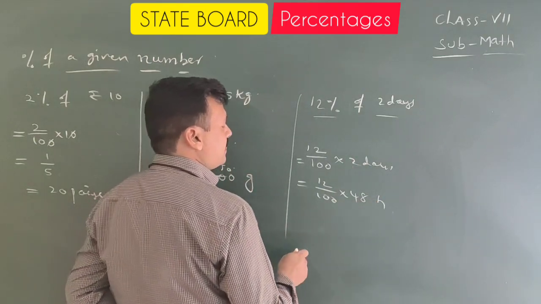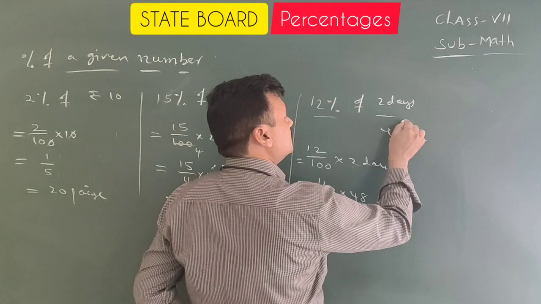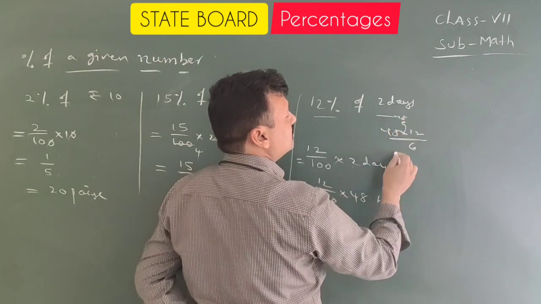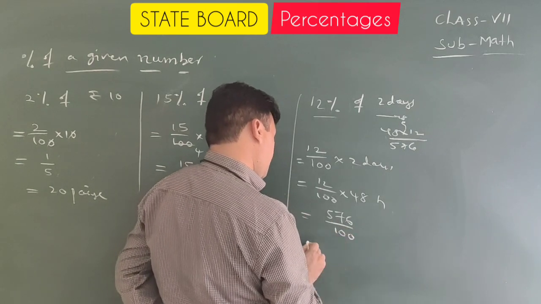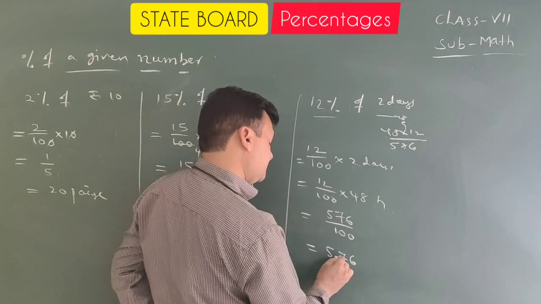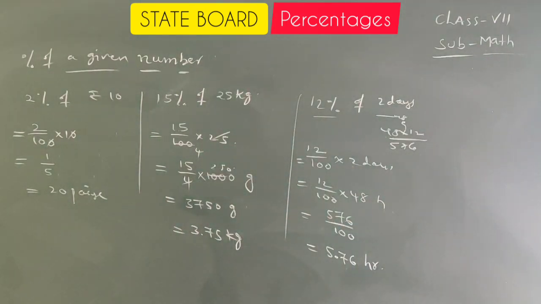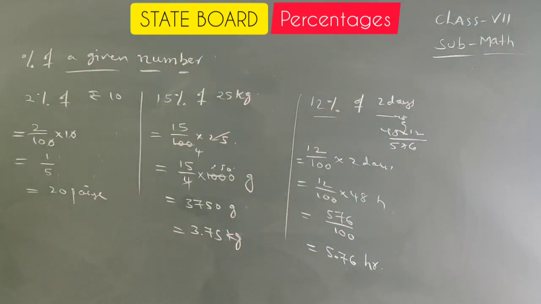Here 48 into 12: 12 times 8 is 96, and 12 times 4 is 48, giving 576 by 100, which is 5.76 hours. These are the simplification forms of a percentage of a given quantity.